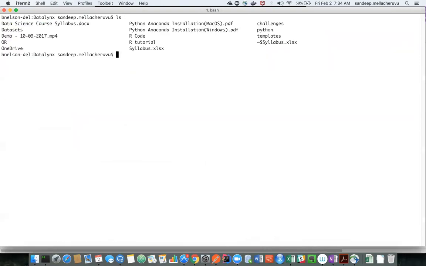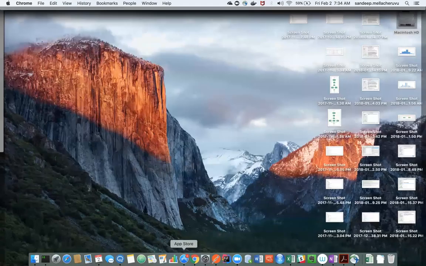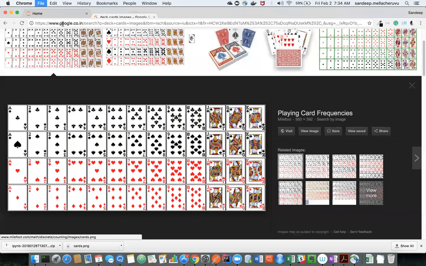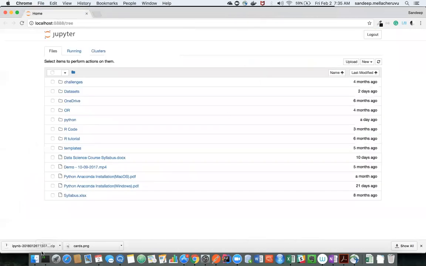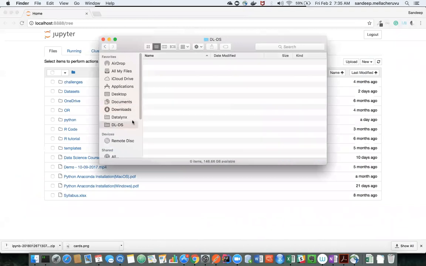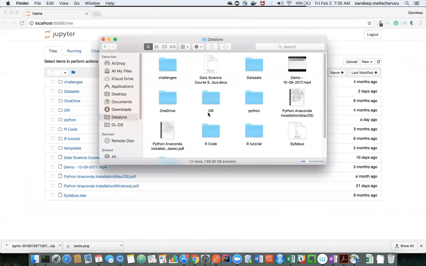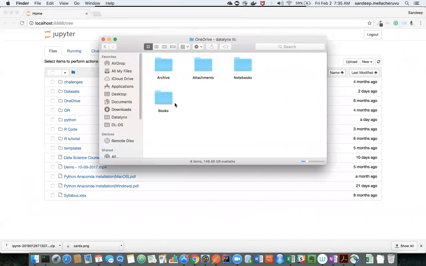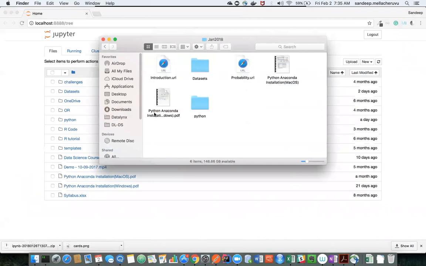Now I want you to download, one second. I have already posted one Python script on whatever link I shared. So in OneDrive, this is your drive, and here you'll see datasets as one folder.